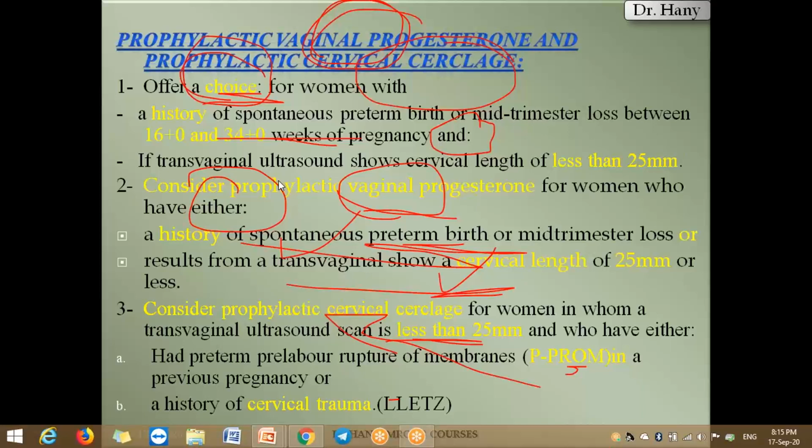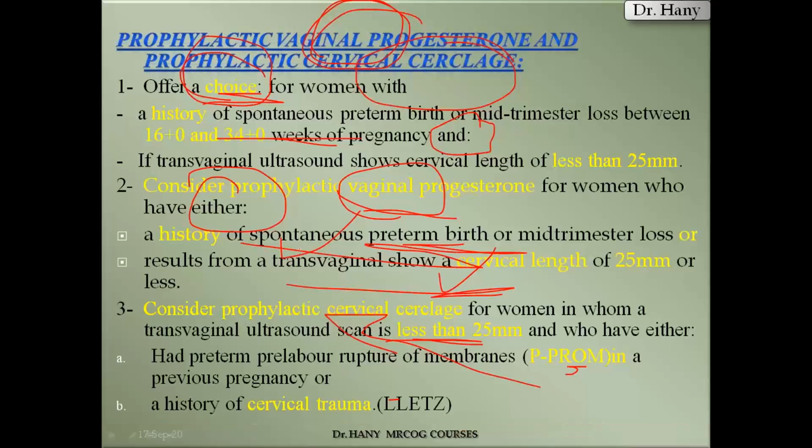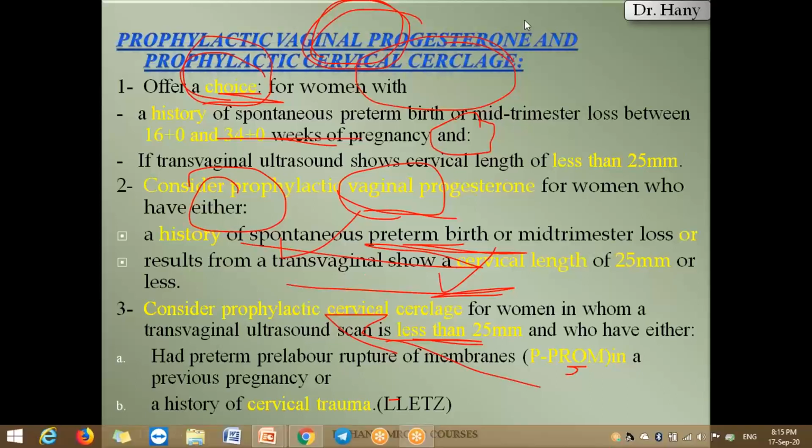Cerclage only if the woman has a vaginal ultrasound now less than 25 and she has a history of PPROM in the previous pregnancy, or a history of cervical trauma, like a history of LEEP. So I will offer her cerclage here. When to offer vaginal progesterone, when to offer cerclage, and when to give the woman the choice is a very important point for the exam. Clear?